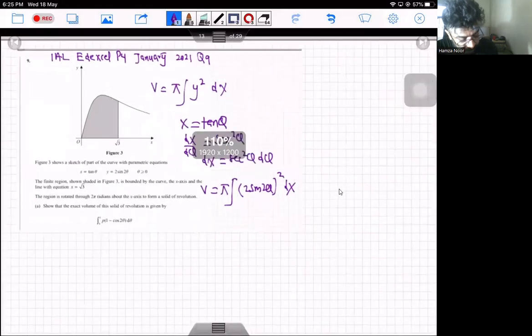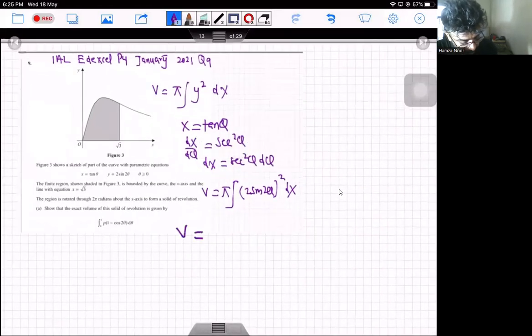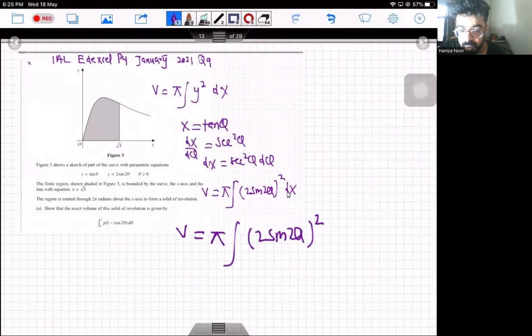Okay, so this will be volume is equal to pi multiplied by the integration of 2 sine 2 theta whole squared, and then in place of dx we can write sec squared theta multiplied by d theta.